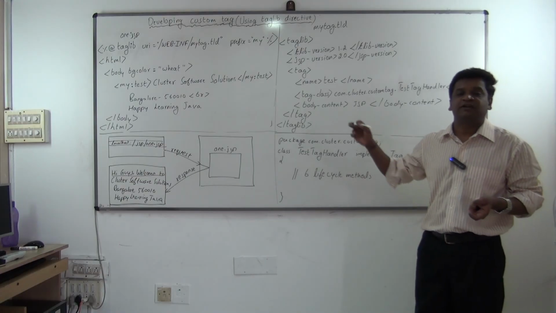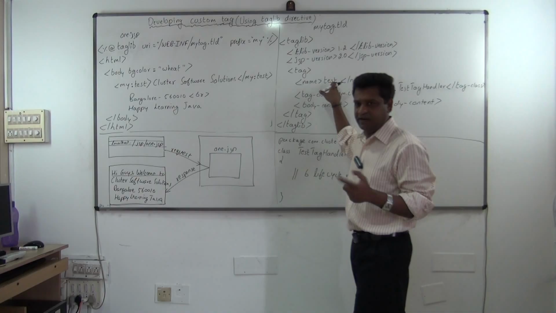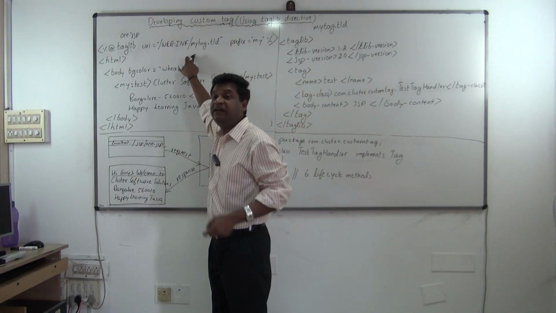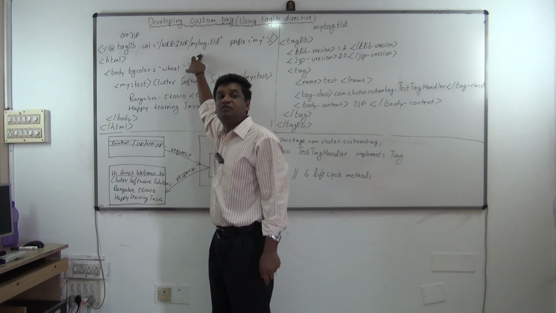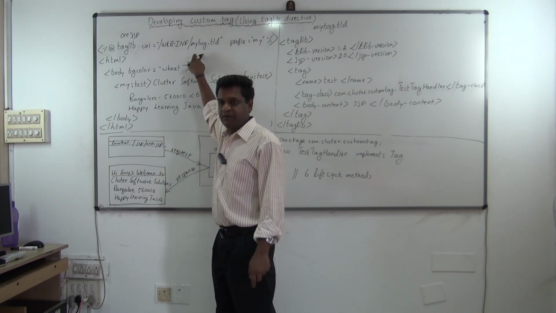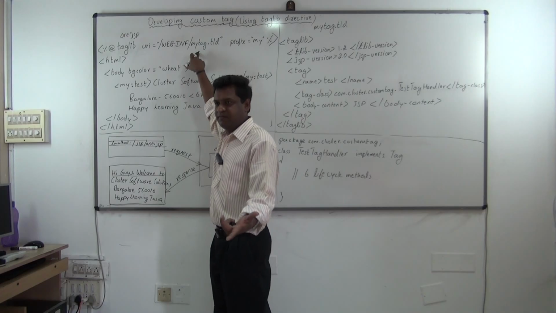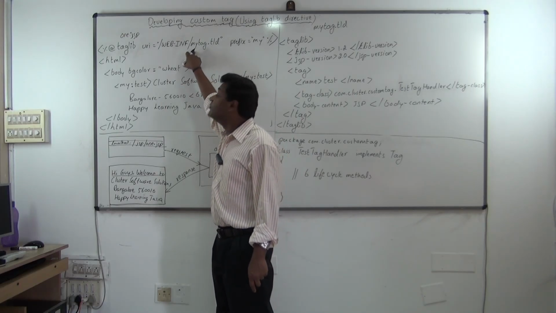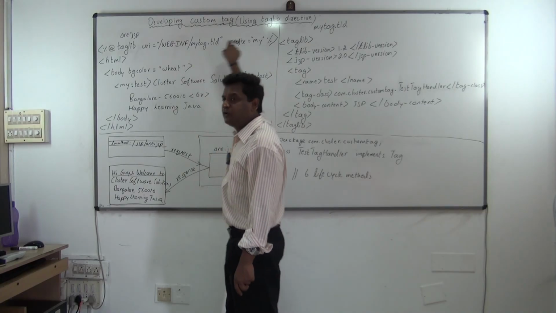That's why these files are called TLD files, the taglib descriptor. So if the prefix is so and so, go to this particular TLD file. These TLD files will be kept in the WEB-INF folder. That's the standard we follow, so I'll give the location.